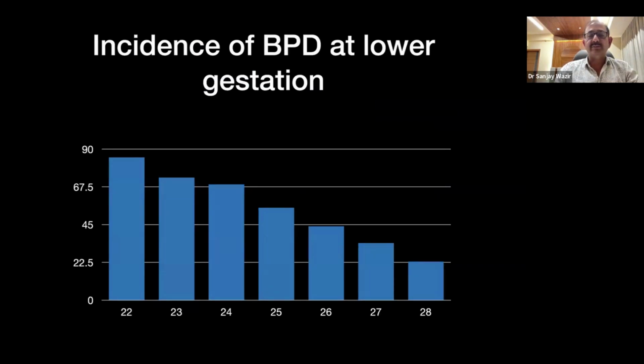The incidence of BPD keeps increasing and reaches almost 70% at 23 weeks. Now that we are saving more and more smaller babies, we should be aware of this entity and know how to manage it, because milder BPD could still be forgiving, but severe BPD is one of the nightmares for a neonatologist to manage.